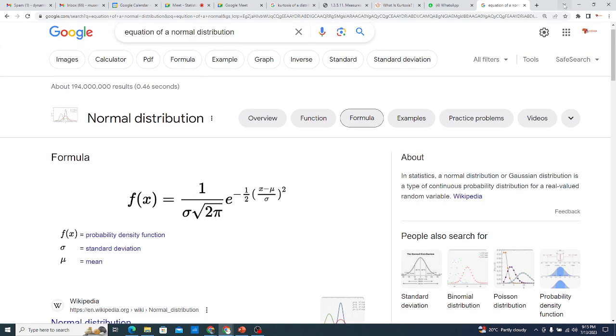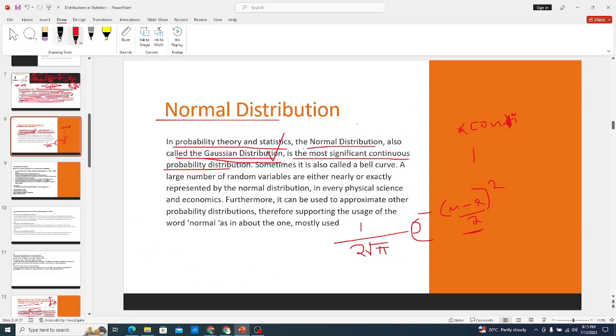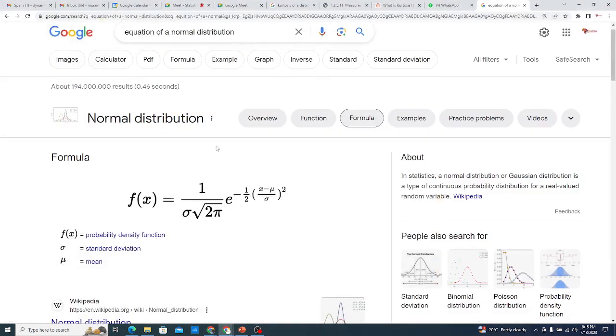So let me just write it well. It is 1 divided by 2 sigma square root of, or let me just take the formula here. Let me just copy the formula here. It should be easy.